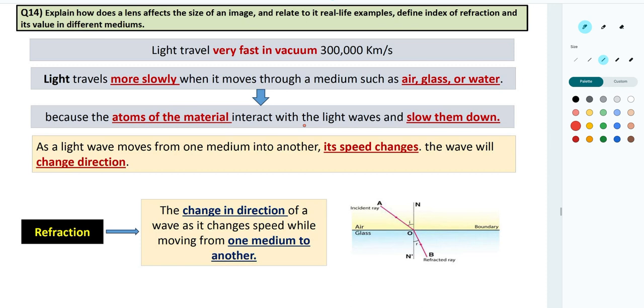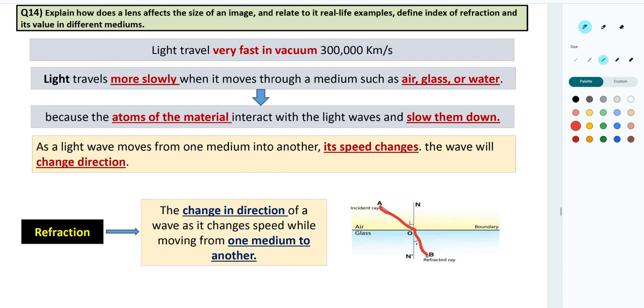This is called refraction. So as the light is traveling, so here's our incident ray, as it is traveling from air, which is a fast medium, to glass, which is a slow medium, we can see that it is getting refracted and it is going to slow down.